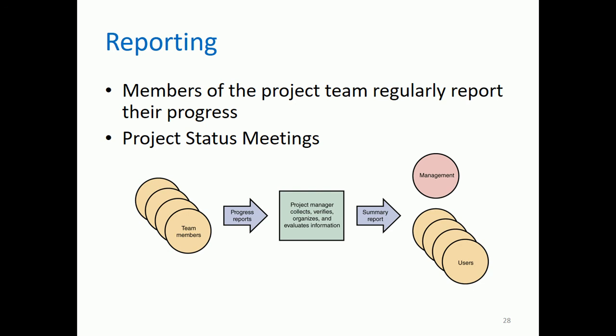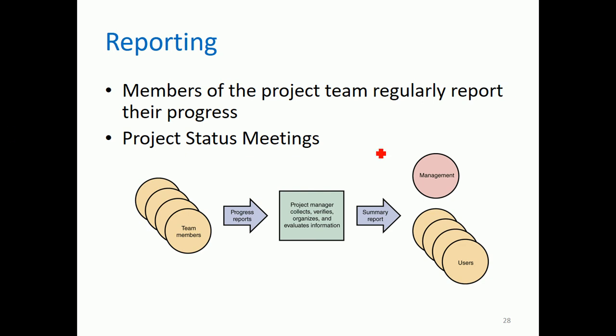For example, when the project is already finished, suddenly the project manager is surprised because the problem has already exploded in front of his face. So it's very important that the project team be honest in reporting, not just regularly, but be true to their report.